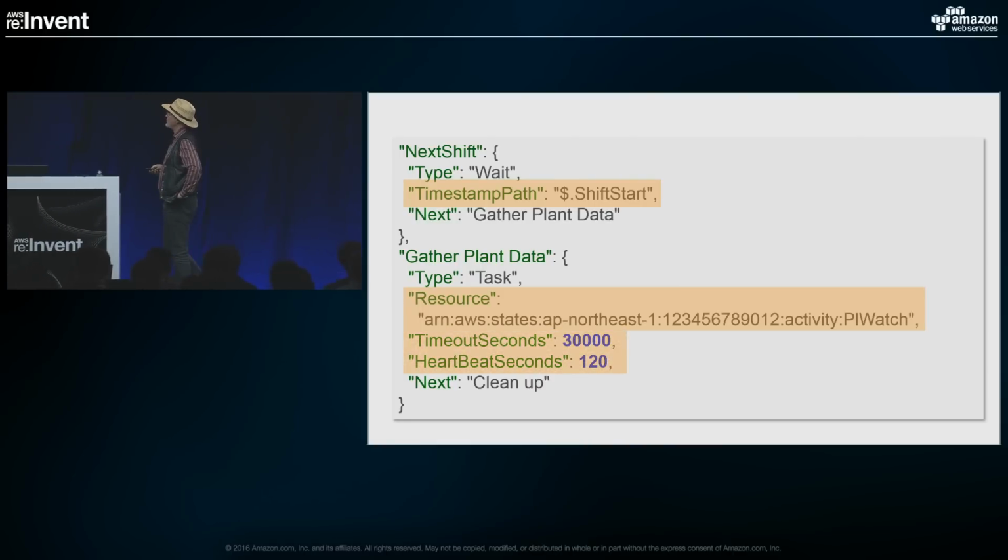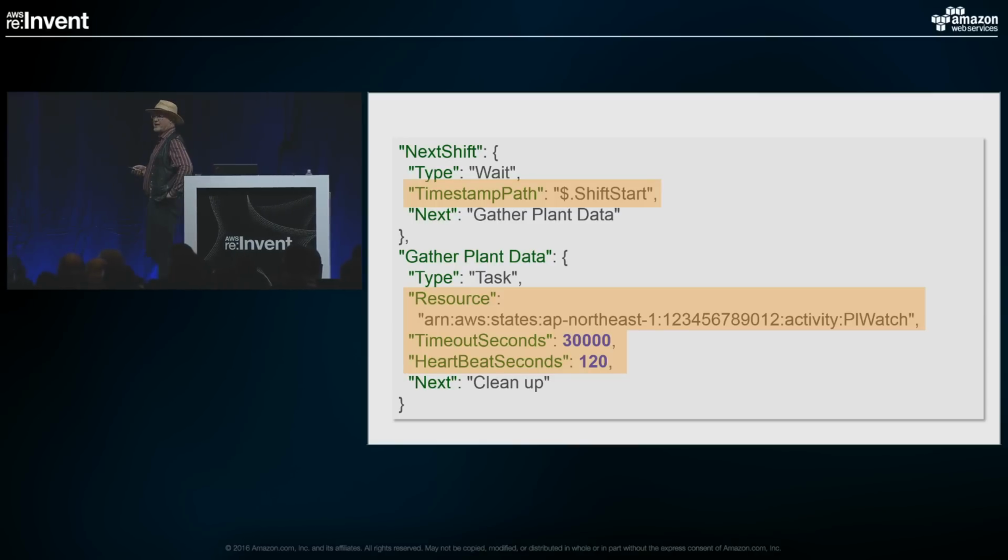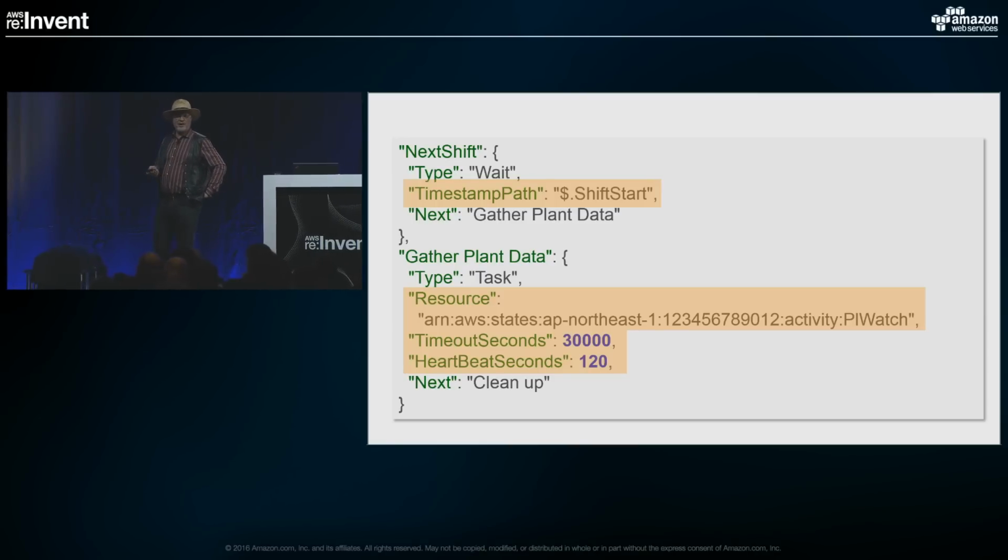What else? Oh, yeah, the timing's interesting here. So it turns out that an 8-hour shift is 28,800 seconds, and so it's got a total timeout of 30,000, and it will not let this thing run longer than 30,000 seconds. If it does, it'll fail with a timeout error. Also, notice the heartbeat thing there, too.